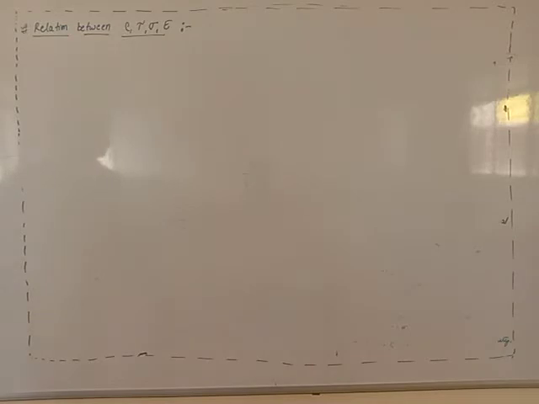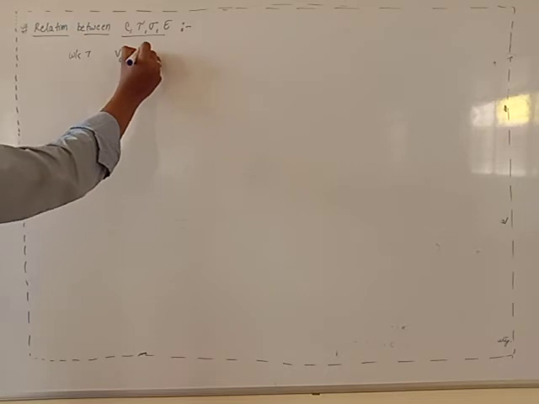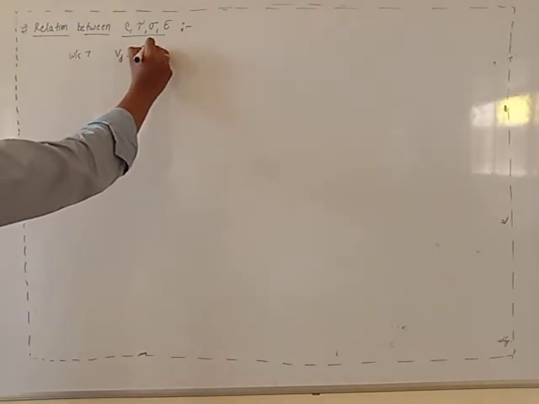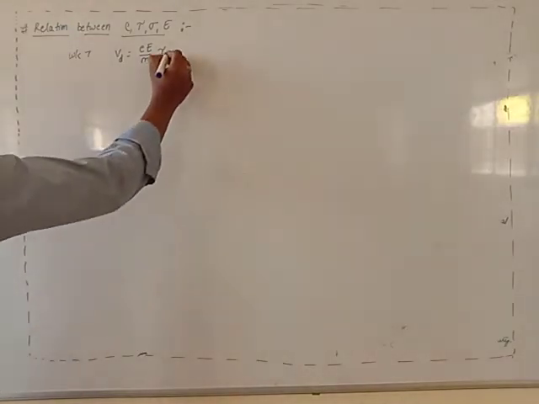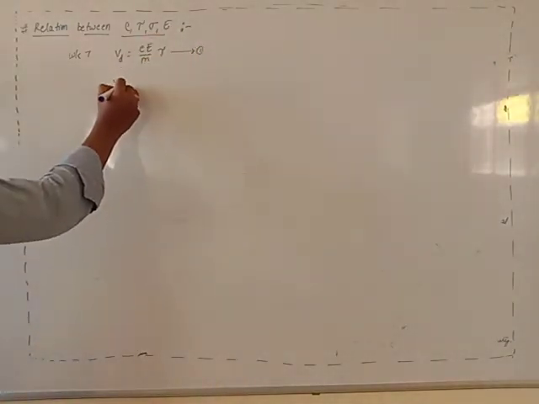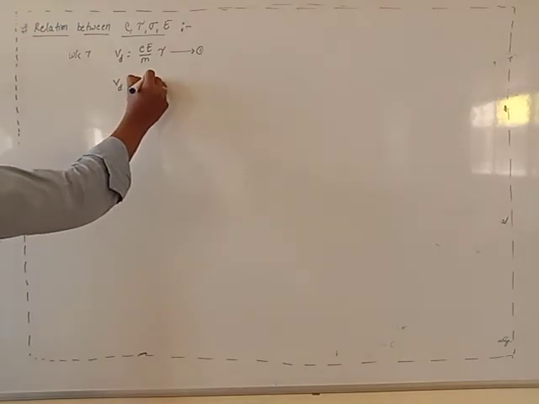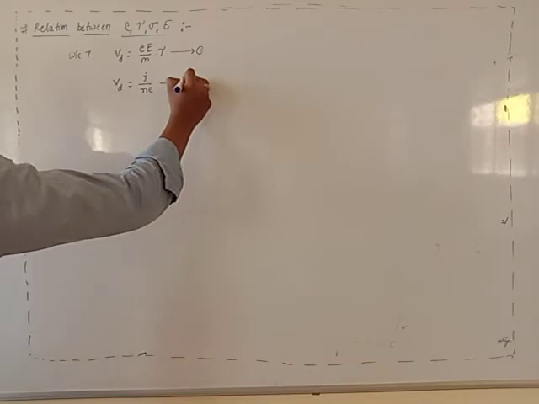Now I'll tell you in an easy way what expressions we learned. From those expressions only we are going to derive. Now remember, we know that drift velocity Vd is equal to small e capital E by m into tau. This is equation number 1. But for drift velocity we have another expression, Vd is equal to j by Ne. I will take this as equation number 2.